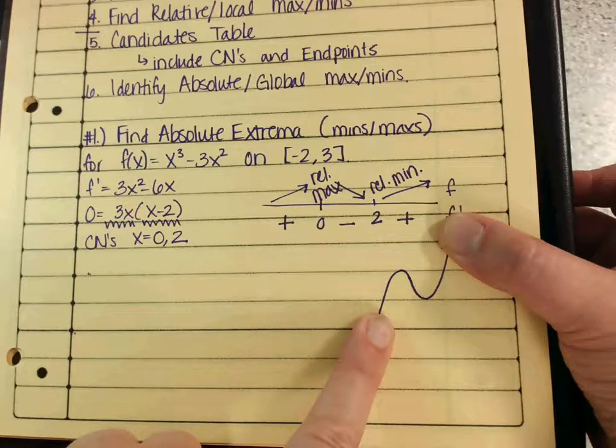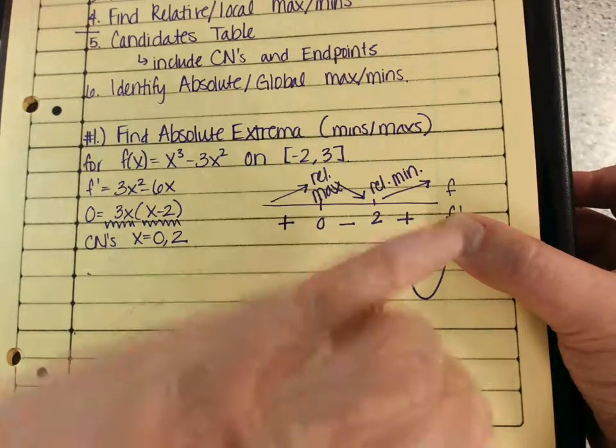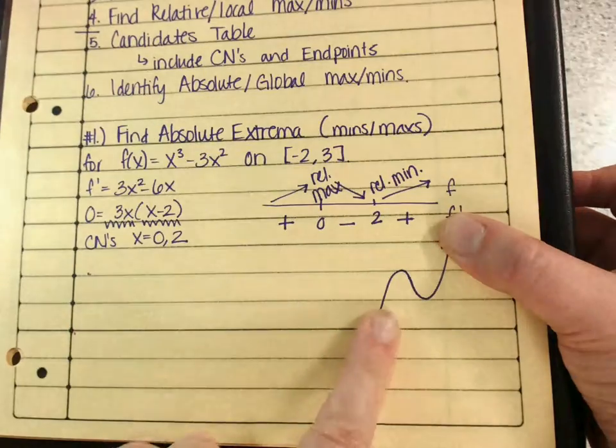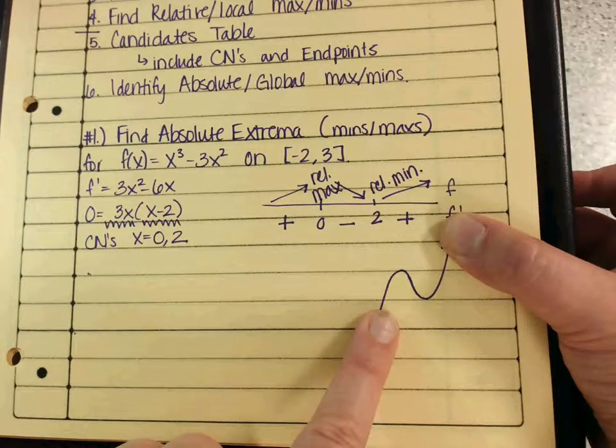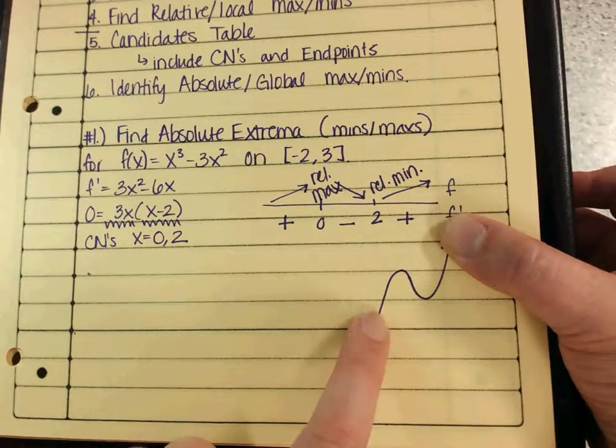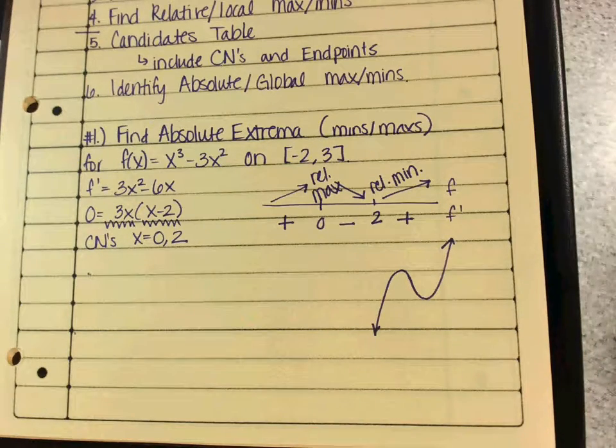Is my max still the highest? Where's the highest? On the end point, yeah? What about my min? It's not the lowest anymore either, because this side goes lower. So that's the question that you're answering when you do a candidate's chart, is does my end point beat my local min or max? So set up a table for me, just like a normal little chart.